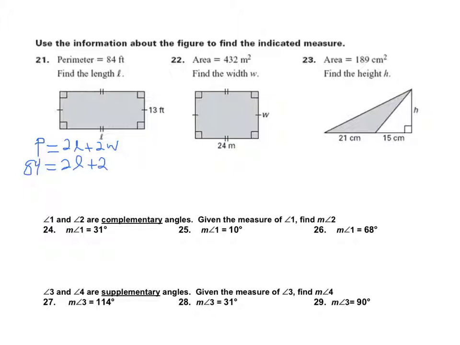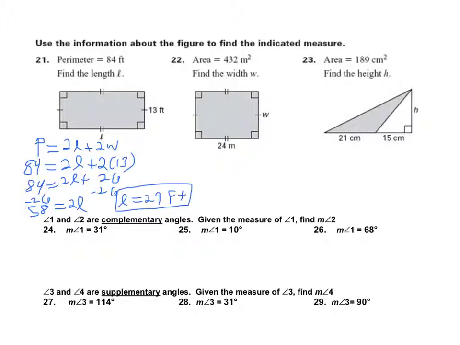We do know the width is 13. So 2 times 13 is 26. So then we'll subtract 26 from each side. We'll just solve this equation now. 84 minus 26 is 58. Then divide both sides by 2, and the length is 29 feet.